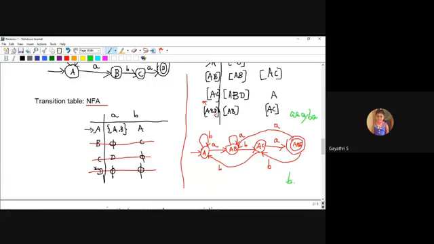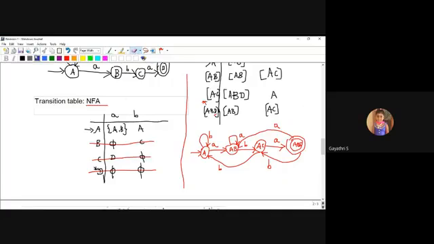For example, B, ABA: B, then A, for the next B it goes to AC, next A it goes to ABD. So accepted. This is the DFA for strings ending with ABA.